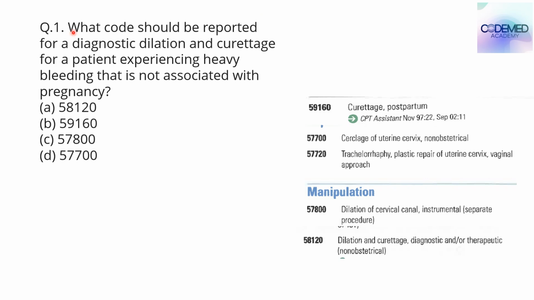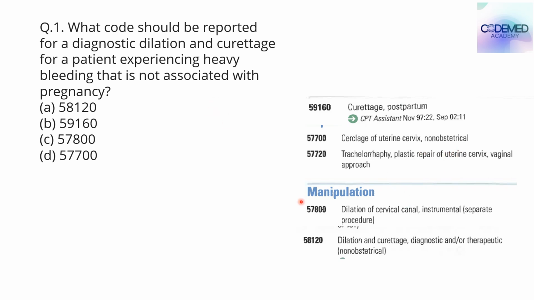So let us look at all the options. 58120 talks about dilation and curettage. It is diagnostic and it is non-obstetrical. 59160 is a curettage but postpartum, that is after the delivery. 57800 talks about dilation of cervical canal, instrumental, and 57700 talks about the cerclage of uterine cervix, non-obstetrical.